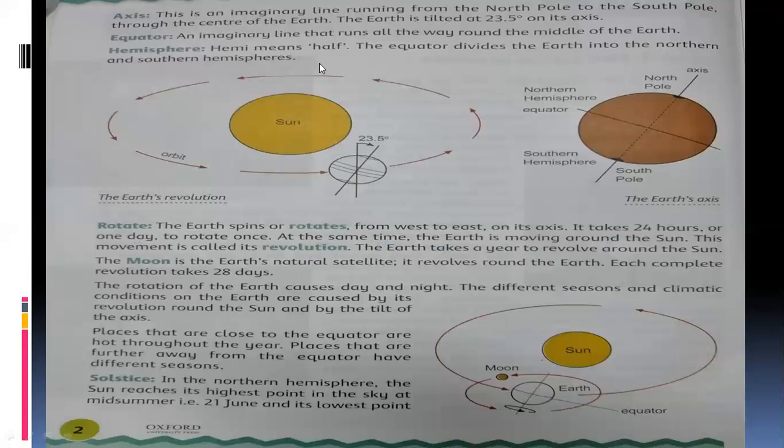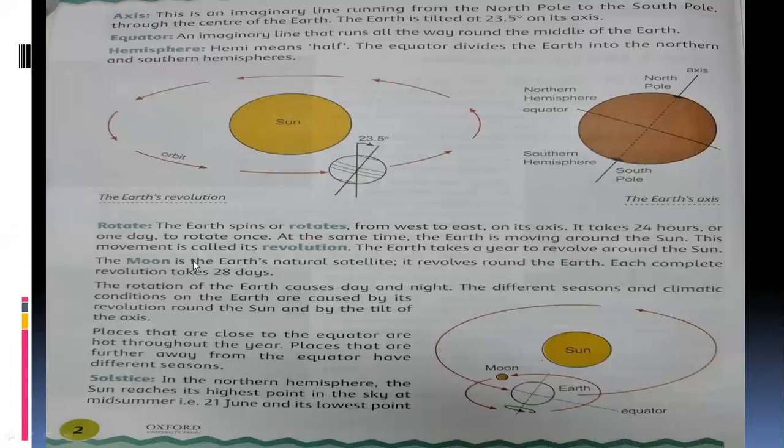And when it moves around the sun, it takes a year, 365 days, to revolve around the sun, and that is called its revolution. Rotation means to turn around its axis, and revolution means to move around the sun, and it takes 365 days, one year.